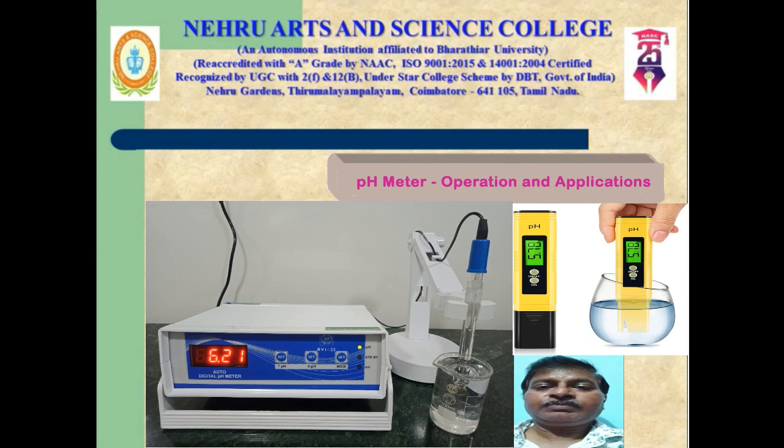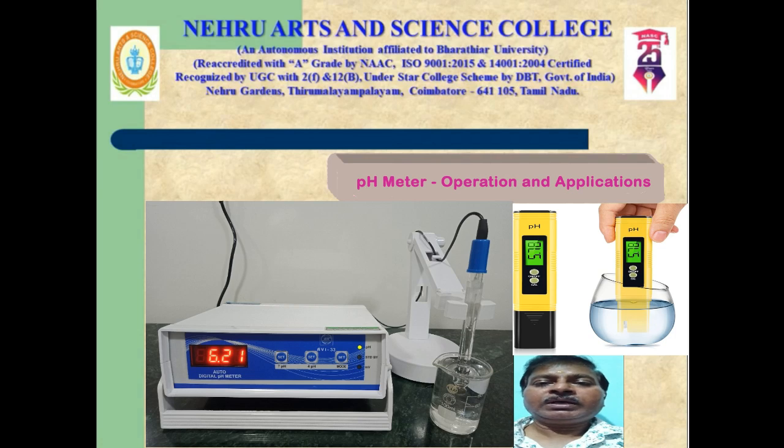The pH scale is a numerical value where the concentration of proton is converted into a numerical value, that is called pH value. The pH value starts from 0 and goes up to 14. So 0 to 14 are the pH values.